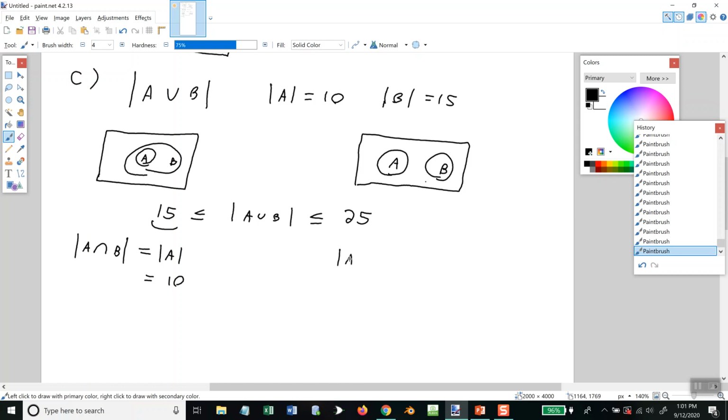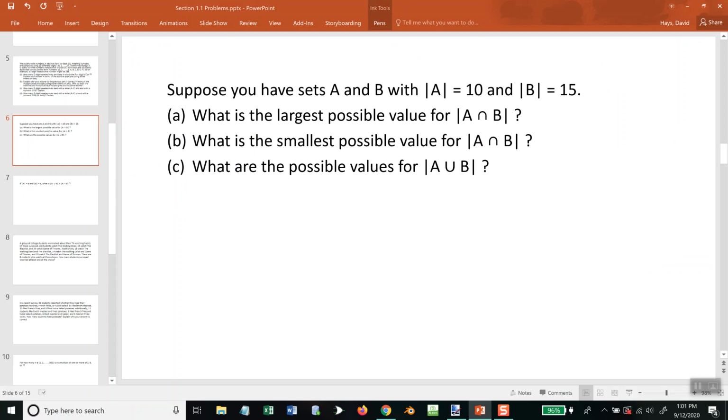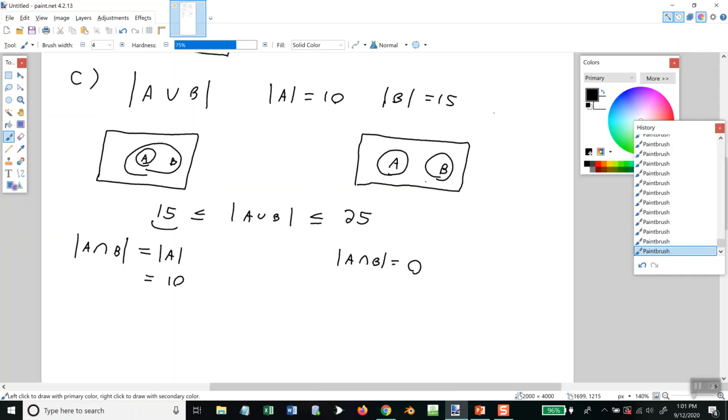Okay, the intersection of A and B is that they don't intersect at all. The cardinality of it would be 0. Okay, so when the cardinality of the intersection of A and B is equal to 0, it's 25. When it's all of them, then it's 15. Otherwise, it's everything in between. Okay, so that would give us the range that goes in there. There is no set value. It says what are the possible values. It's just somewhere between those.